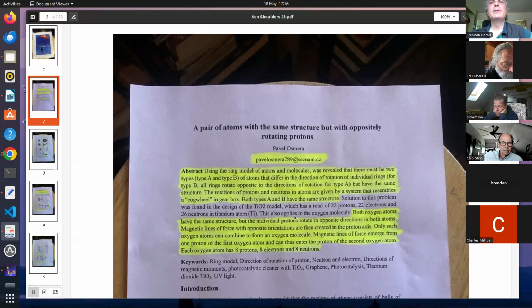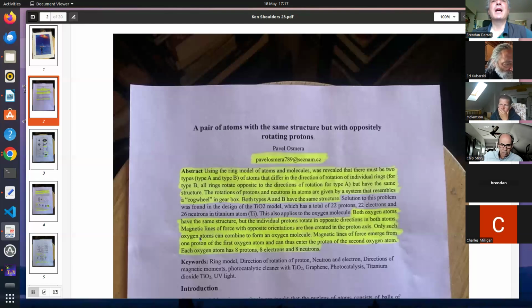This also applies to the oxygen molecule. Both oxygen atoms have the same structure, but the individual protons rotate in opposite directions in both atoms. Magnetic lines of force with opposite orientations are then created in the proton axis.